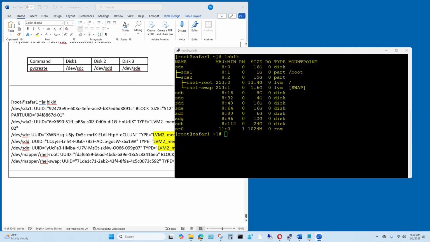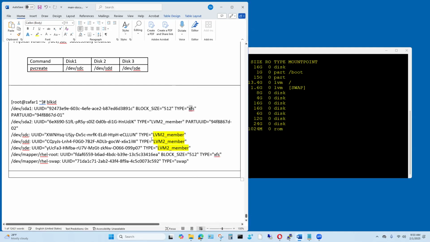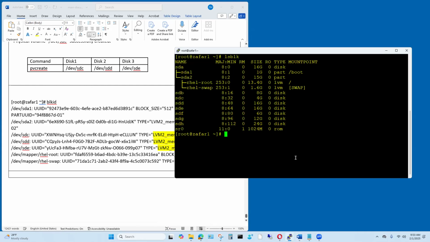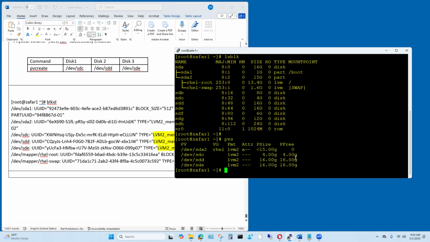Okay, so let's get started. When we run blkid, it gives you the information about the disk. Now there is another command called pvs.